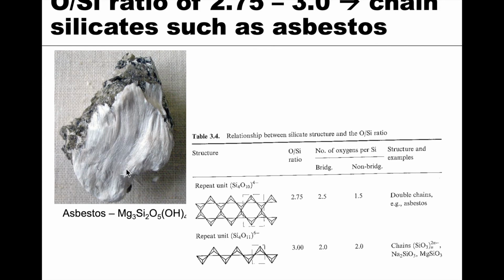You can see this is natural asbestos, forming a fiber-like structure, which makes it good for building insulation material because we can build this fiber material that has a lot of empty space and doesn't conduct thermal energy. However, that fiber structure can also get stuck in your lungs and give you cancer. So there's a little bit of both on that structure.